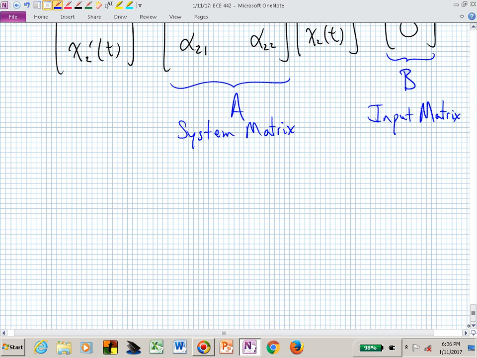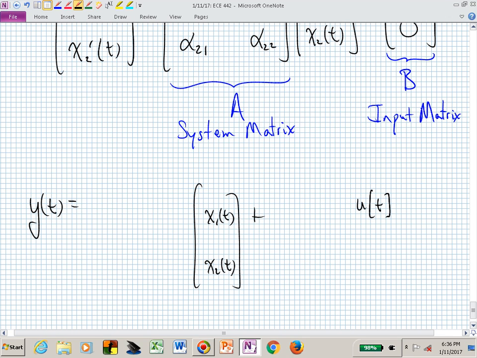And now if we want our output equation, we now need to find matrices such that when they're multiplied by this state vector and this input signal, we get a scalar output y of t. What's the dimension of the matrix that needs to multiply our state vector?